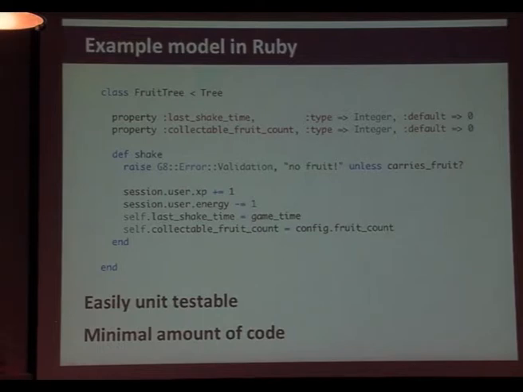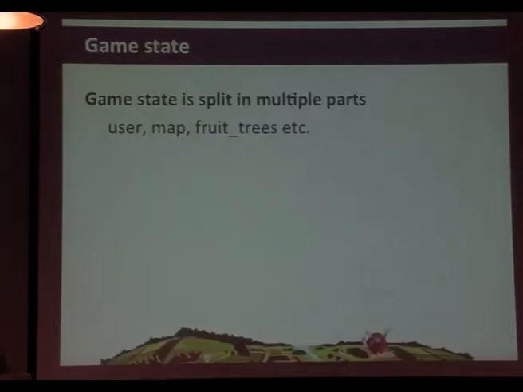To address a bit the question of how much data you send back and forth, let me say the game state is split in multiple parts. So not every action needs all the game state. It might be that one part is the user, or you also want to see the map, the world, with things like fruit trees set out on this map.